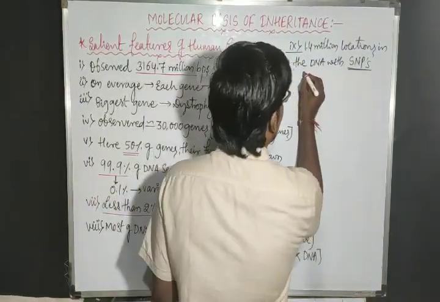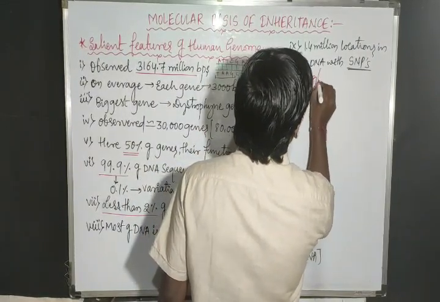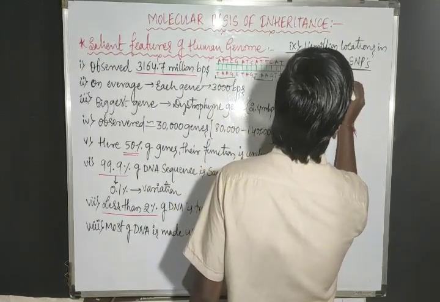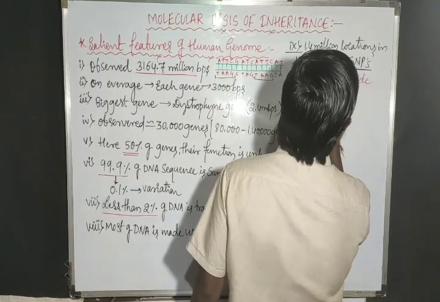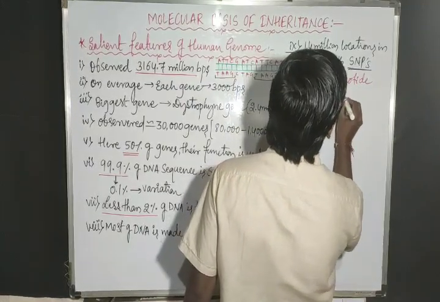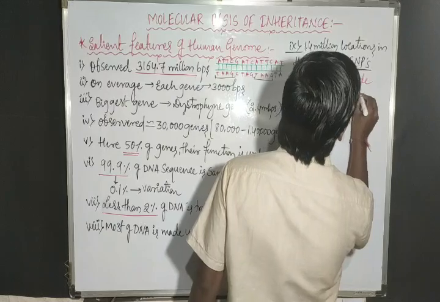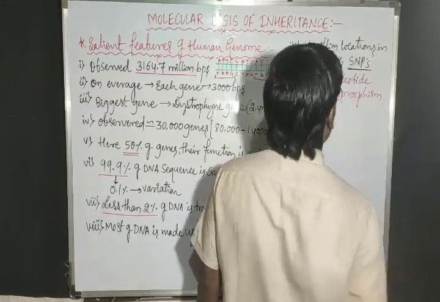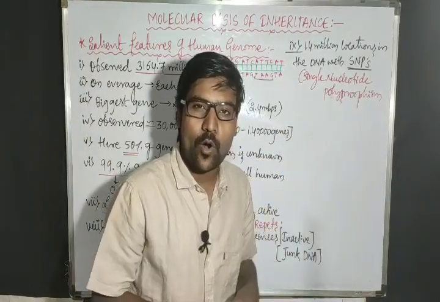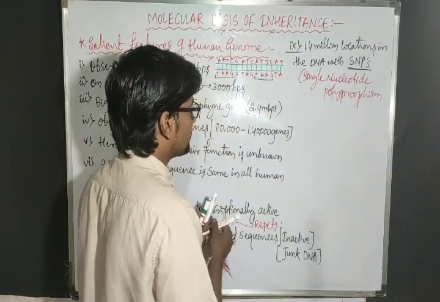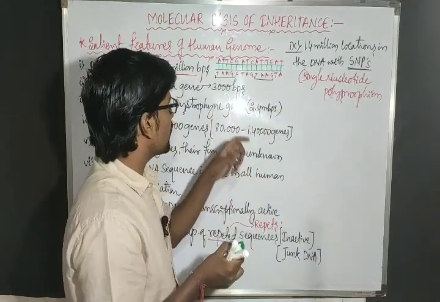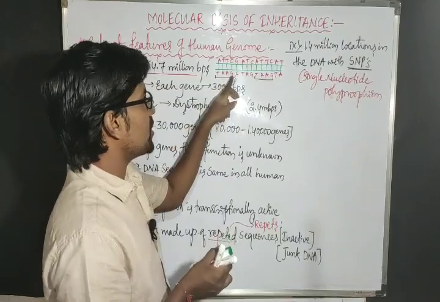So SNP means single nucleotide polymorphism. Yes, what is that SNP? Single nucleotide polymorphism. Let me tell you. Let us consider here only. TAAG, TAAG.